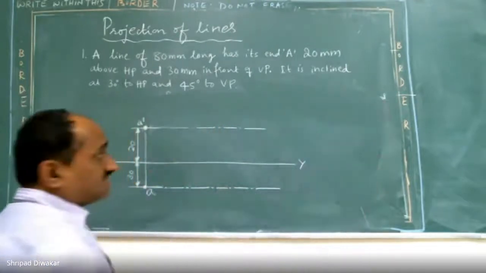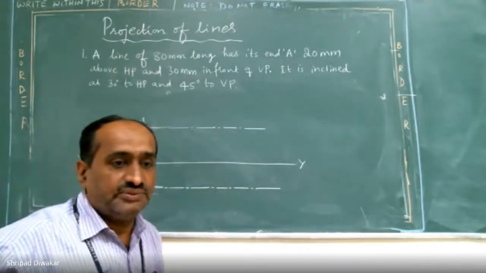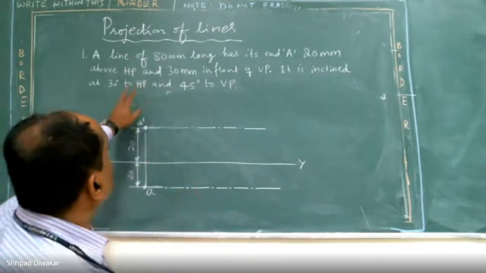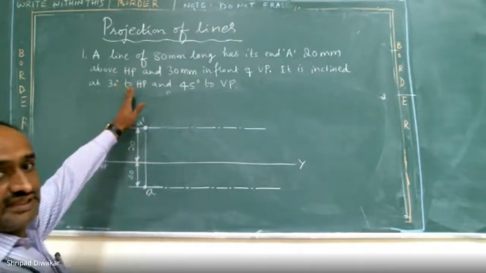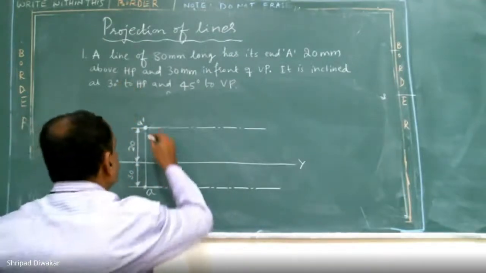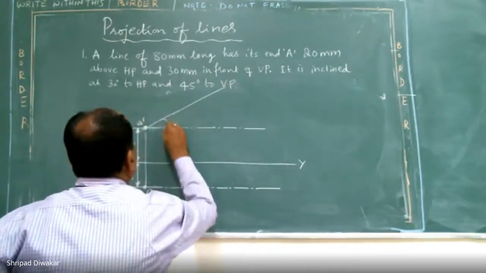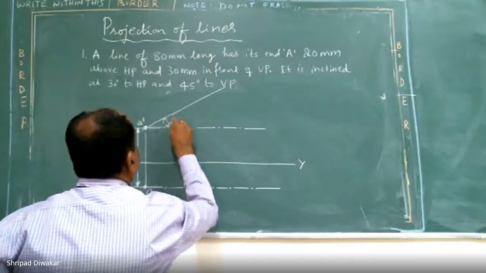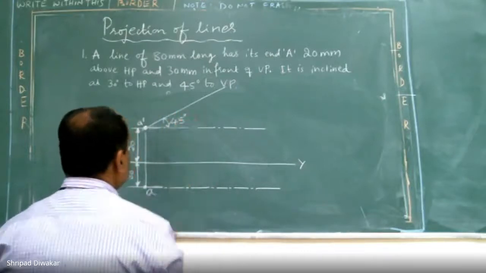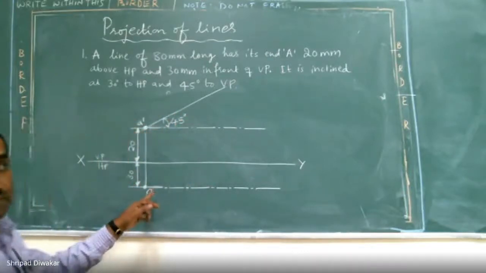Okay. Next step is what you can do. Here it is inclined at an angle of 30 degree to HP. So HP means you have to take above the reference line. You draw a line at an angle of 45 degree. Next step. And VP means you have to take below the reference line.